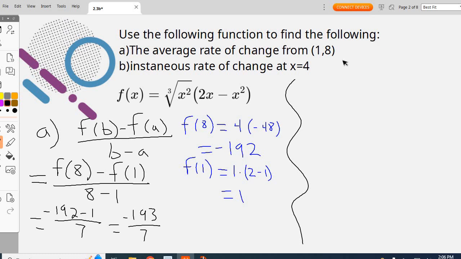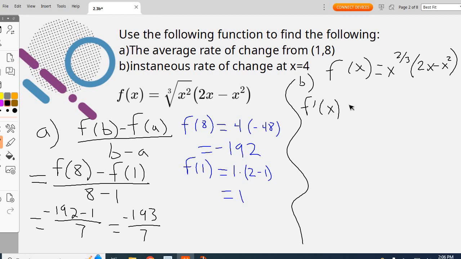So we do want to go ahead and rewrite it, even with our product rule, as x to the 2/3, because that's going to be our first. And then my parentheses is going to be our second. This is part B. Then remind me, our product rule tells us I take the derivative of the first one.